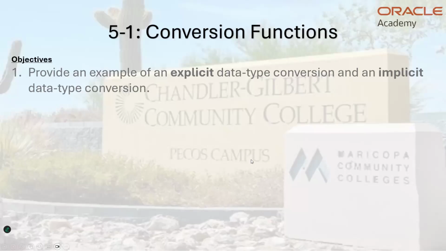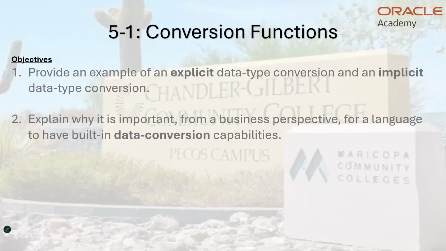So essentially explicit, you indicate the conversion. Implicit, the system makes some type of assumption on what data type you're trying to convert to. And yes, both are useful in Oracle or any database management system. And let's see, explain why it's important from a business perspective for a language to have built-in data conversion capabilities.